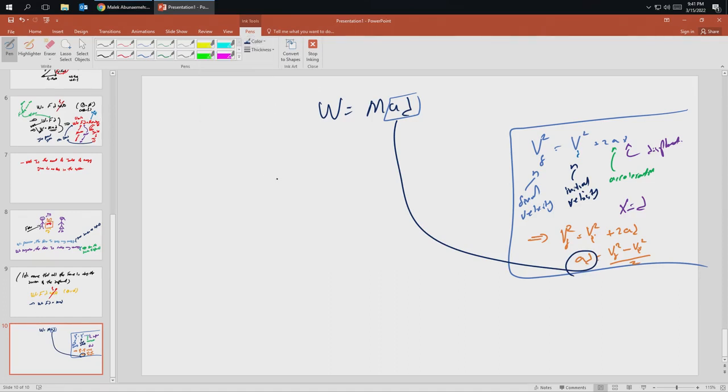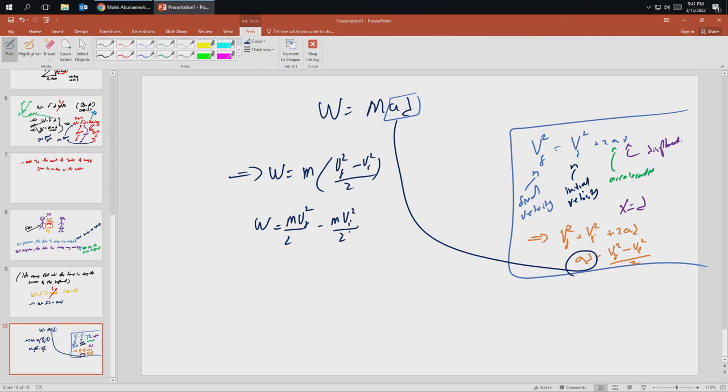So really our work equation is going to equal your mass times your final velocity squared minus your initial velocity squared, divided by 2, which is going to equal m over 2 times vf squared minus m vi squared over 2.